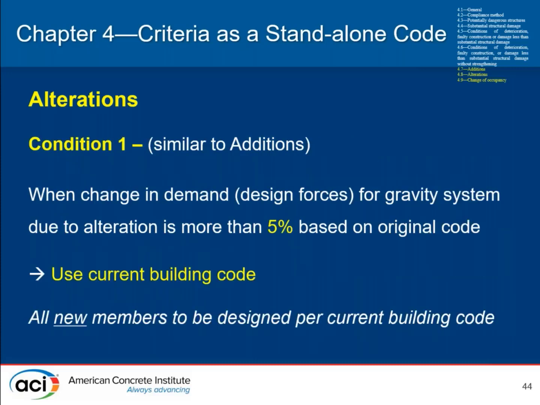And we have conditions for alterations that are very similar to those that we've seen already for additions. If the change in the demand, the design forces for gravity loads due to an alteration, is more than 5% based on the original building code, you design the alteration using the current building code.